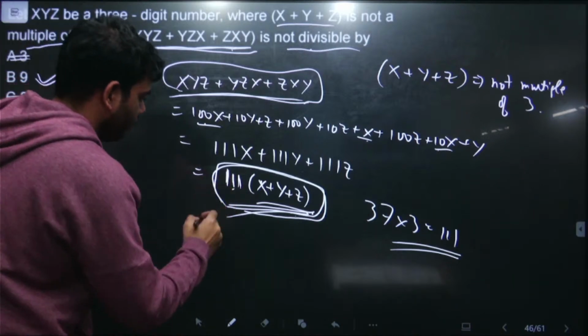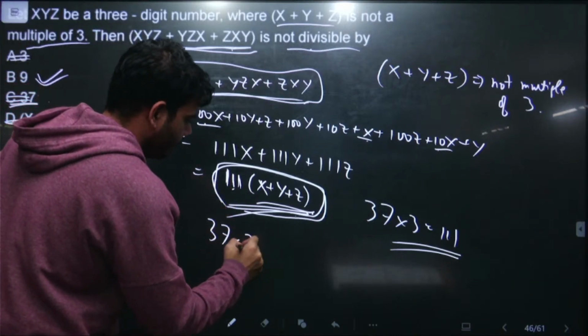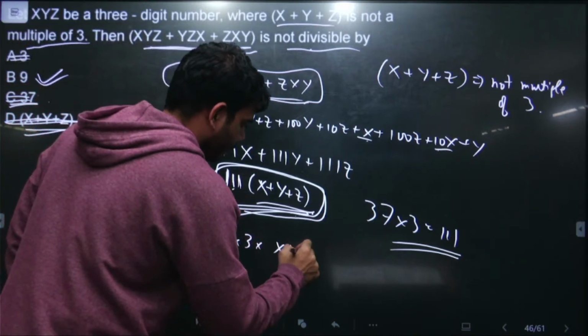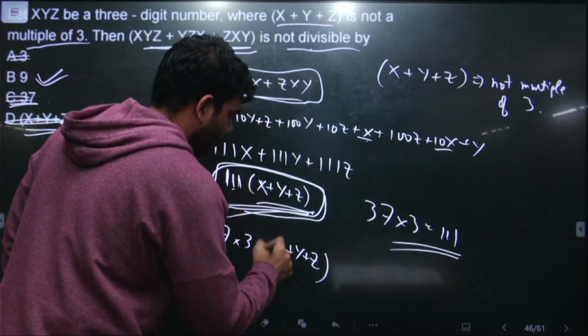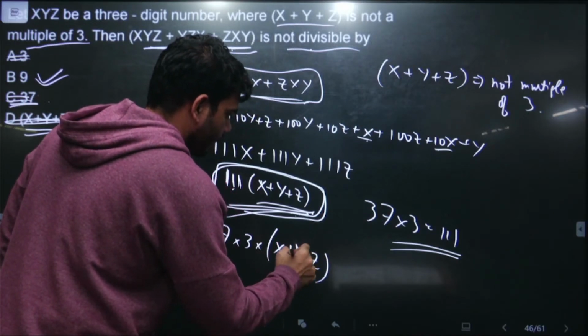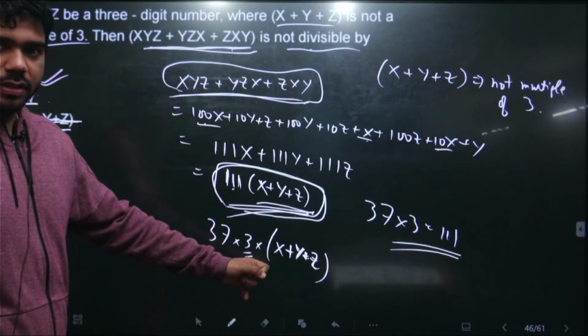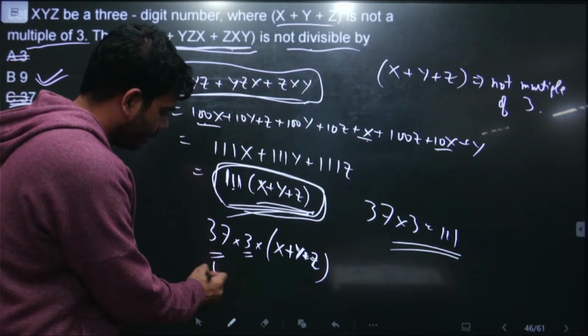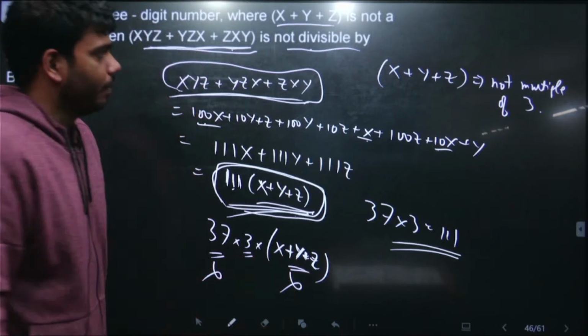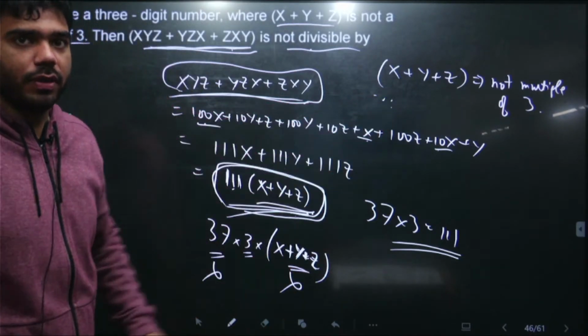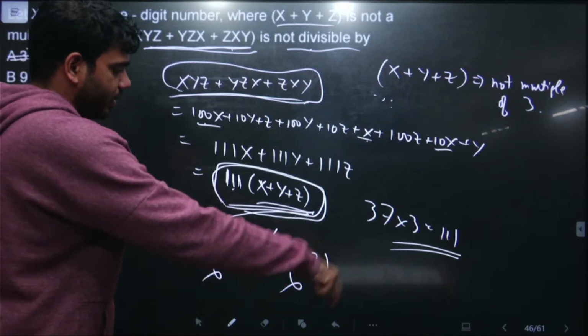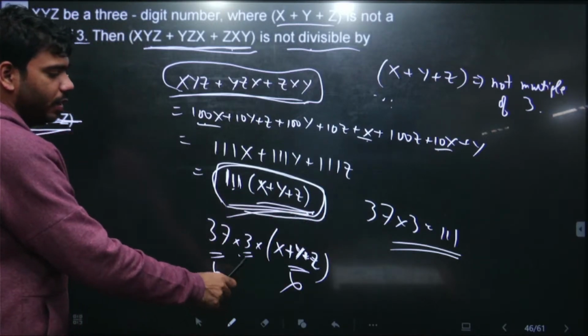और इसको ऐसे भी देख सकते हैं कि 111 को we can write in prime factorization as this thing. यहाँ पे there is a factor of 3, यहाँ पे there is no factor of 3, and यहाँ पे there is no factor of 3 because x plus y plus z is not a multiple of 3. So in this complete prime factorization, 3 is occurring only one time.